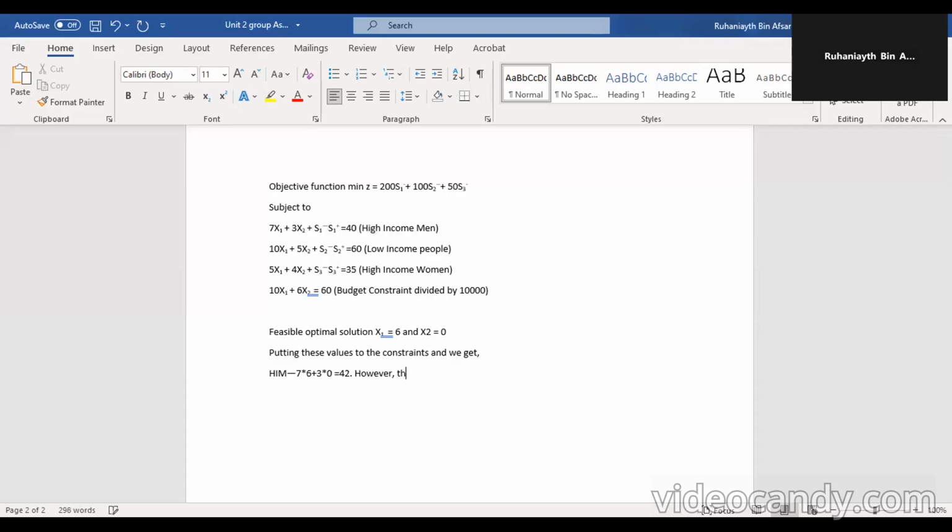However, the target was 40, so it is overachieved by 2 million.